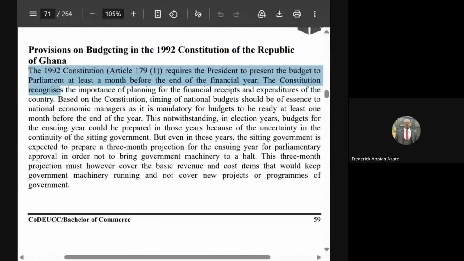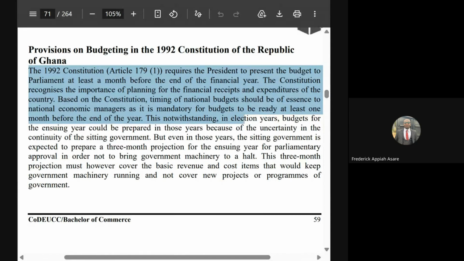The Constitution recognizes the importance of planning for financial receipts and expenditure of the country. Based on the Constitution, timing of the national budget should be of the essence to national economic managers, as it is mandatory for budgets to be ready at least 1 month before the end of the year.